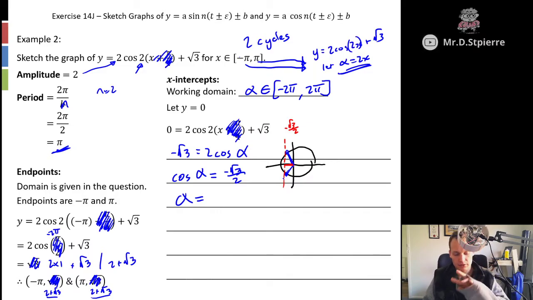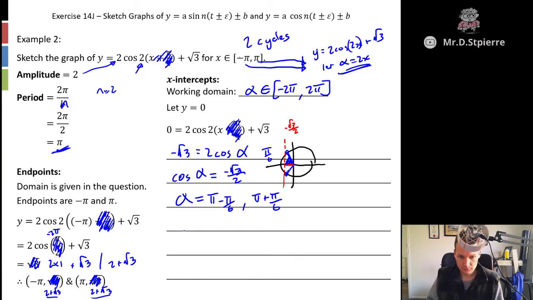Now root 3 on 2 horizontal, that would be that angle in there, which is pi on 6. Okay, so alpha is going to be equal to pi minus pi on 6, or pi plus pi on 6.